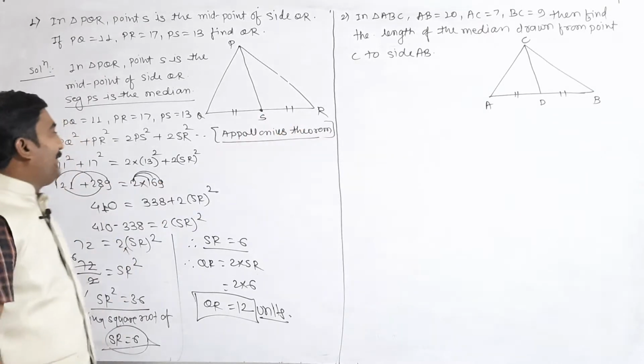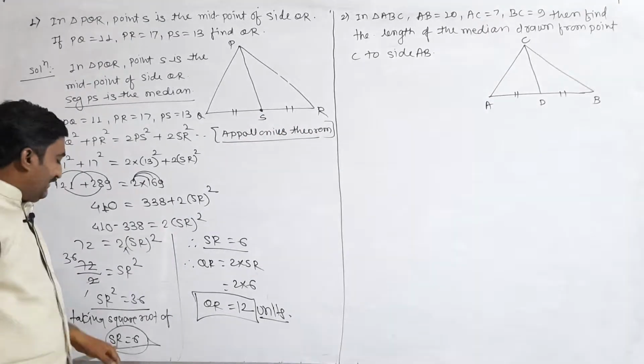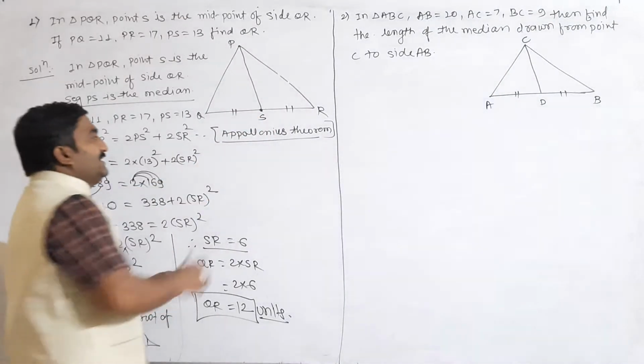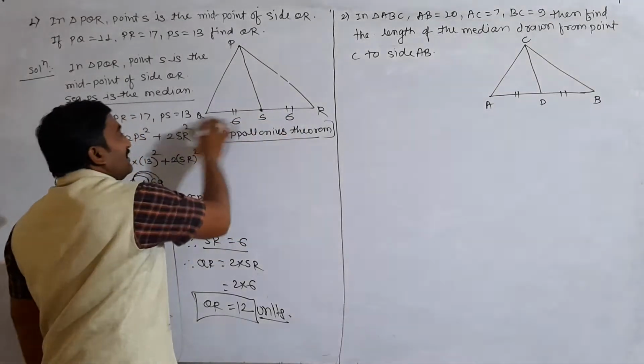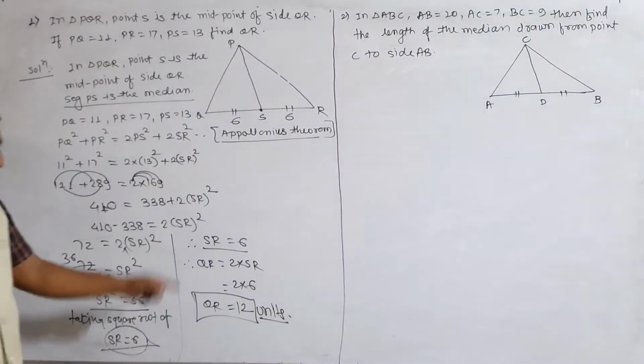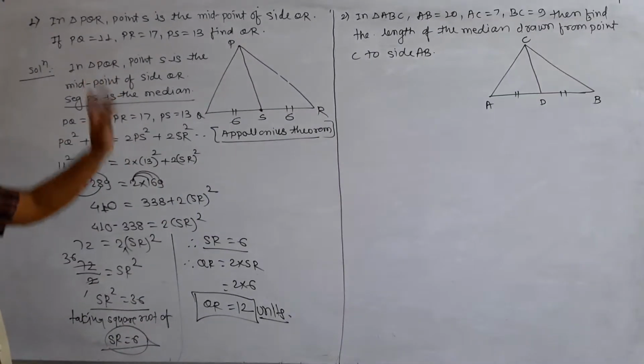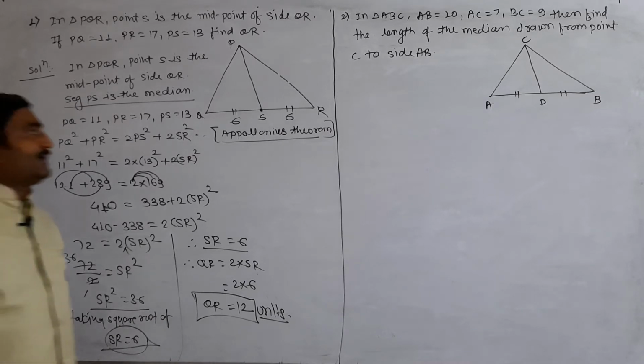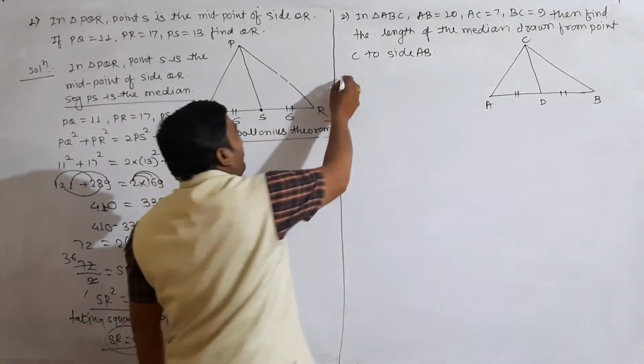By using this theorem, we first calculate SR, and S is the midpoint. This is 6, so this is also 6. So QR is equal to 6 plus 6, 12 units. This is the answer of the given problem. Do you understand?